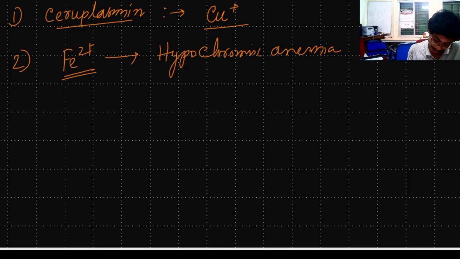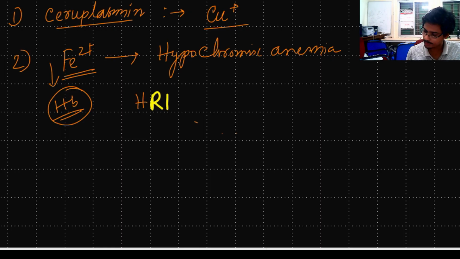With iron loss, the important parameter, the Hb production, hemoglobin production, gets hampered, because in Hb synthesis regulation iron has a role through the HRI complex.